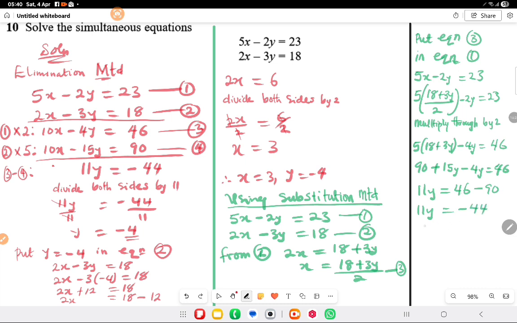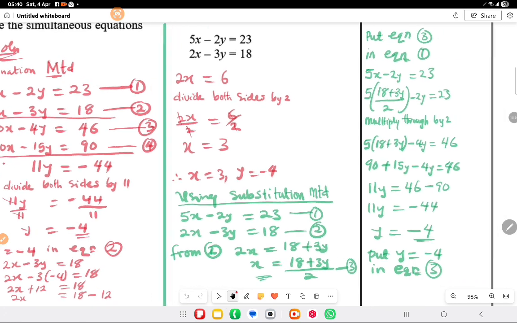When we divide both sides by 11, we have y equals minus 4. Then, next step, put y equals minus 4 in equation 3, because we have already made x the subject of the formula. Then we move further.